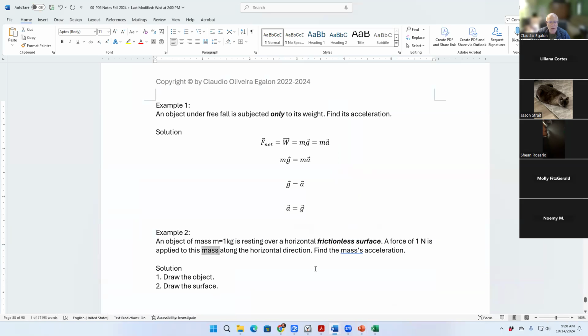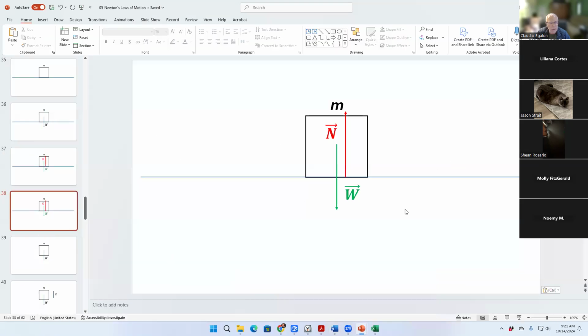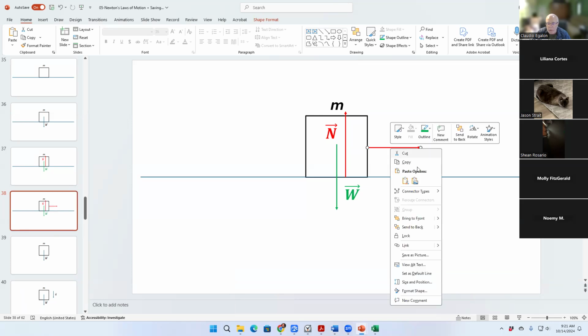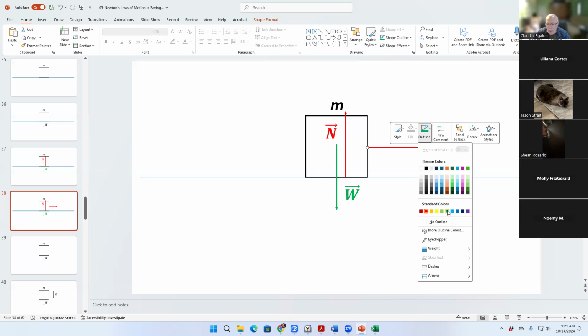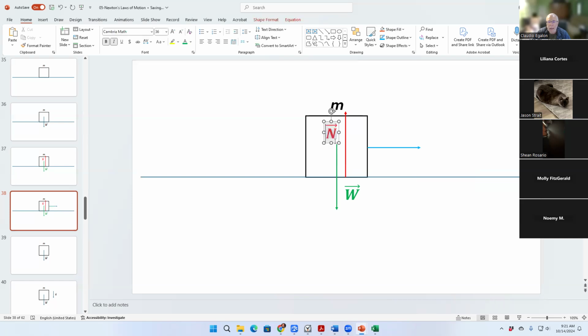An object of mass 1 kilogram is resting over a horizontal frictionless surface. A force of 1 Newton is applied to this mass along the horizontal direction. So we must have another force, a third force here. I'm going to give it a different color, and I'm going to take advantage of those letters.